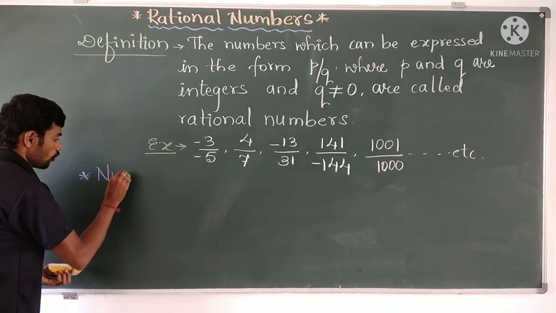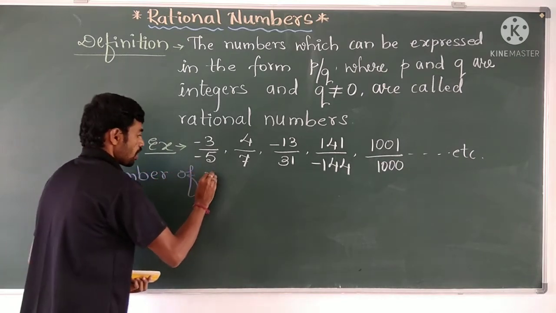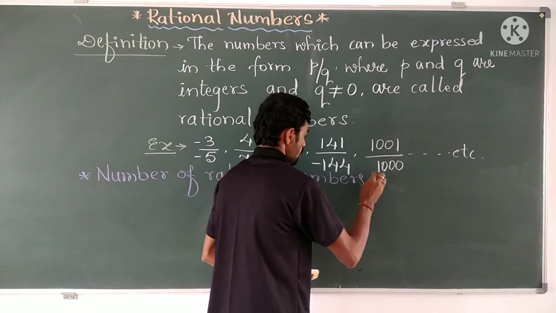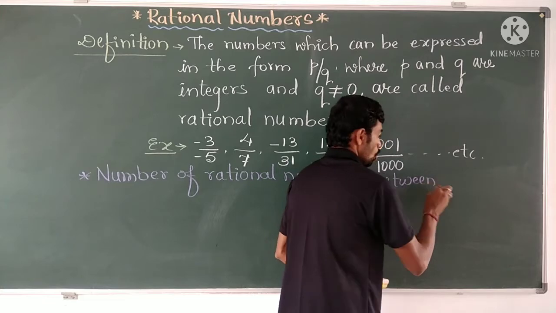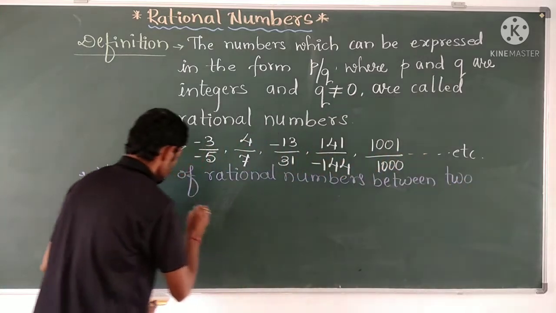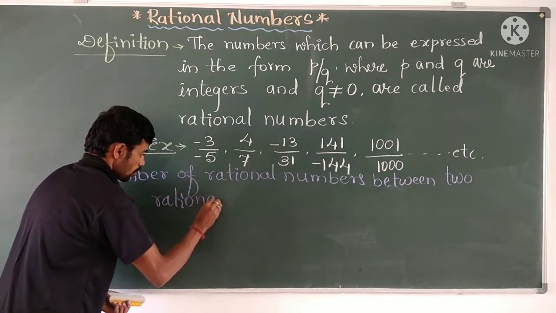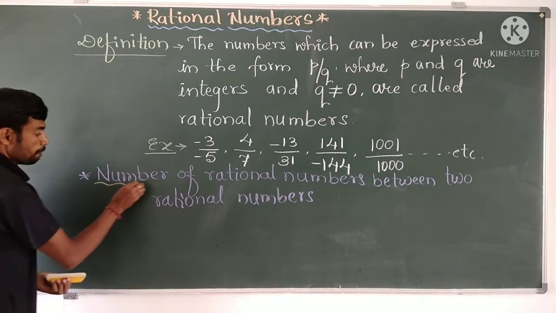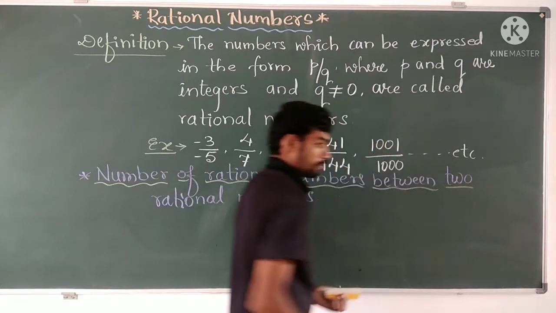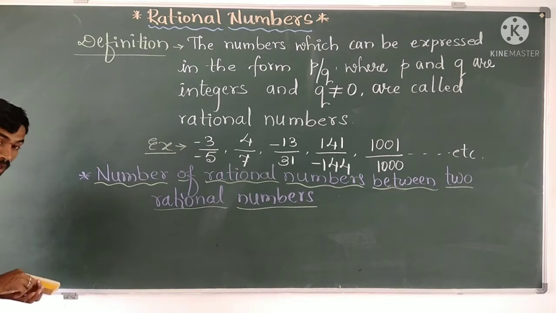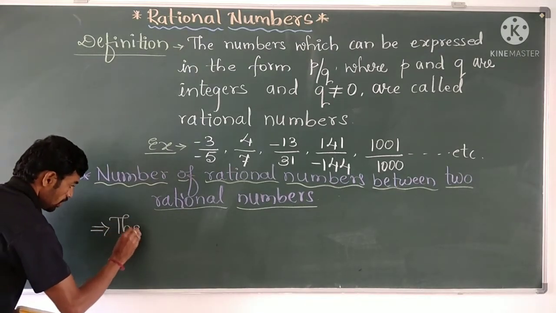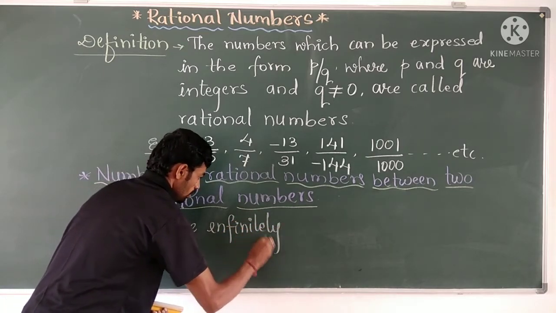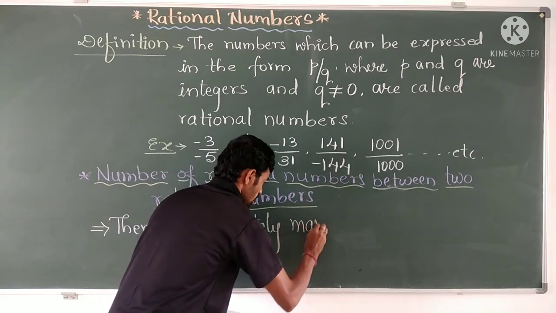How many rational numbers can we find between two rational numbers? We can find infinitely many rational numbers between any two rational numbers.